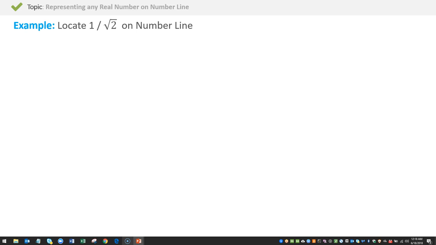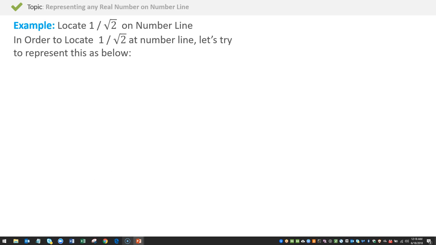Here is an example. Locate 1 by square root of 2 on number line. In order to locate this, we'll try to simplify this first. 1 by square root of 2 can be represented as square root of 2 by 2, because you can multiply them with square root of 2 by square root of 2, which gives you square root of 2 by 2.